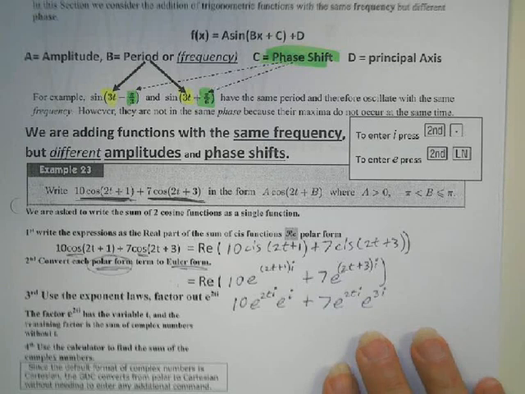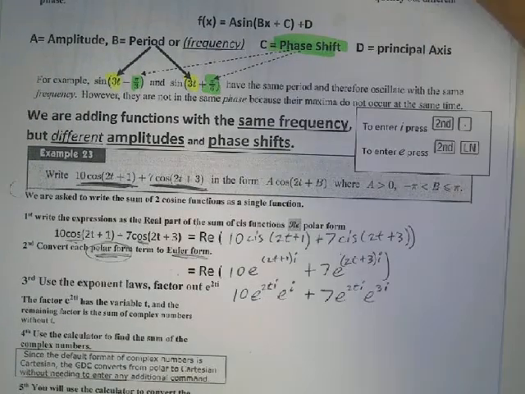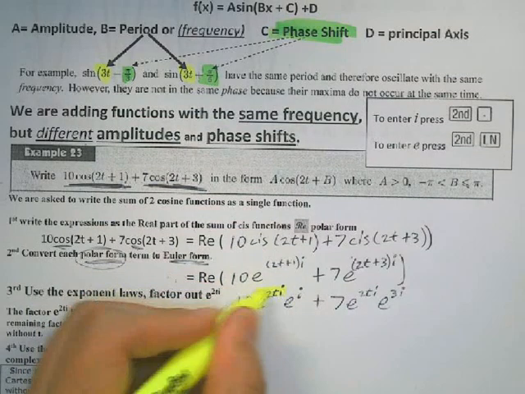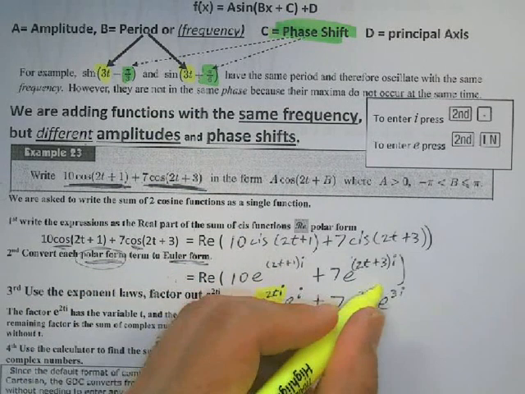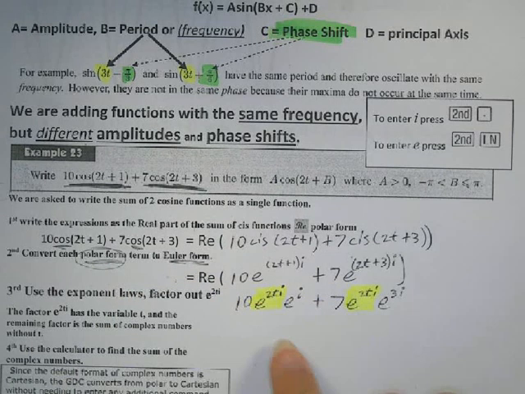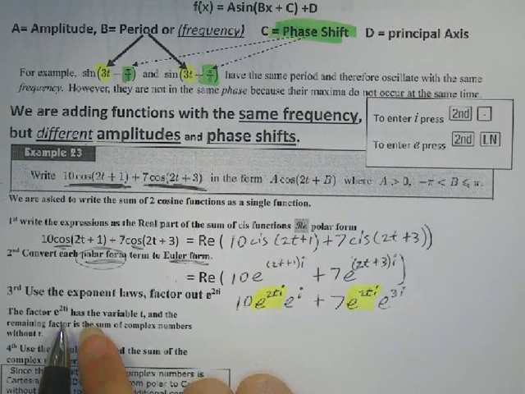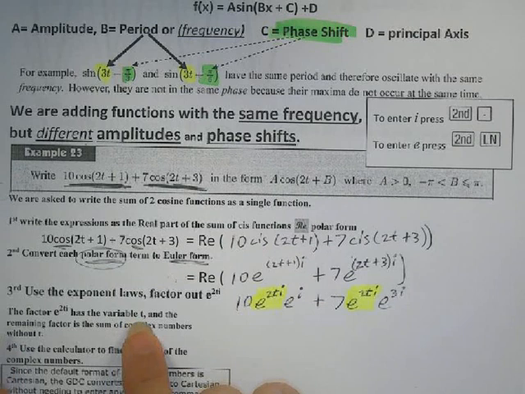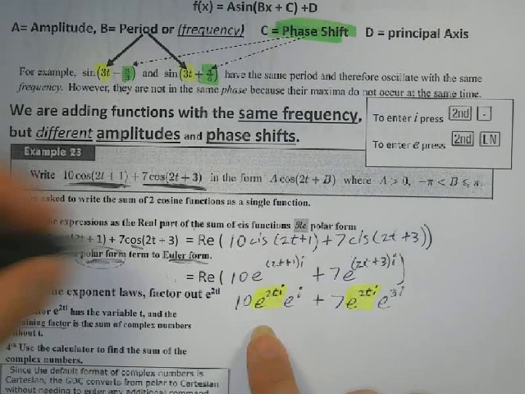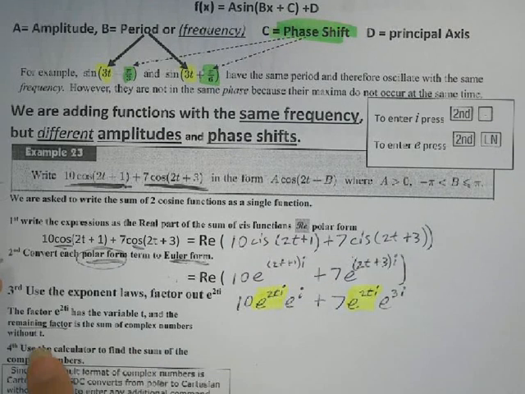Now the reason I'm doing that is so that I can factor out our common factor, which is e to the 2ti. The whole reason we put it into Euler form in the first place is so that we can have the variable t in one of our factors, and everything else is going to be the sum of complex numbers without the t.